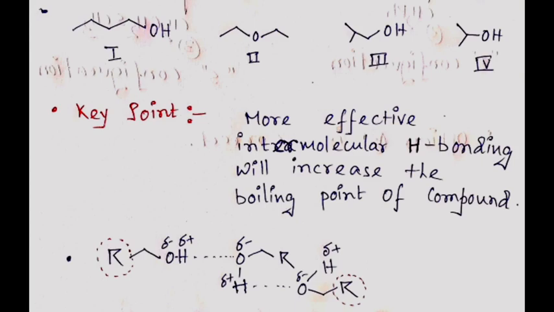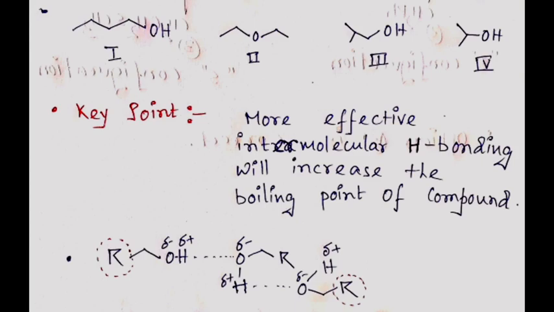Okay, so here more effective hydrogen bonding is only possible when the R group is not so hindered. Okay, so if you just focus on compound 1 and compound 3, both are 1 degree alcohol molecules.